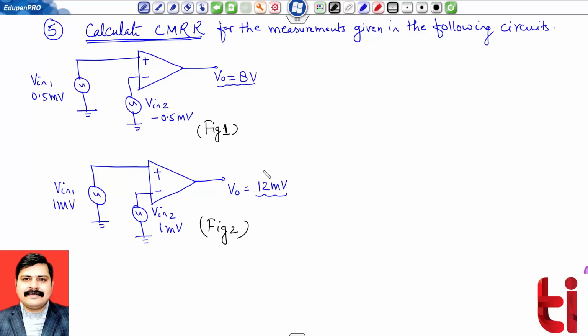So in figure 1 you can check similar but opposite polarity signal is applied. So in this case, if you recall the previous discussion, or explicitly I can write the term difference voltage Vd equals V in 1 minus V in 2.